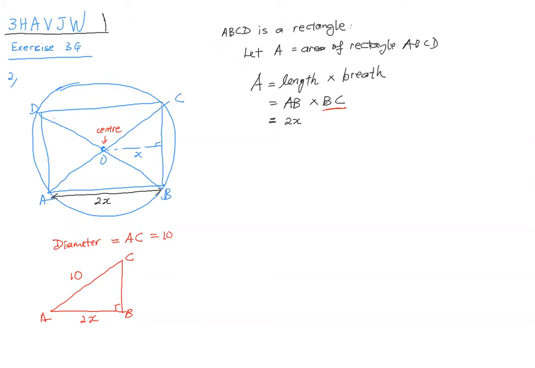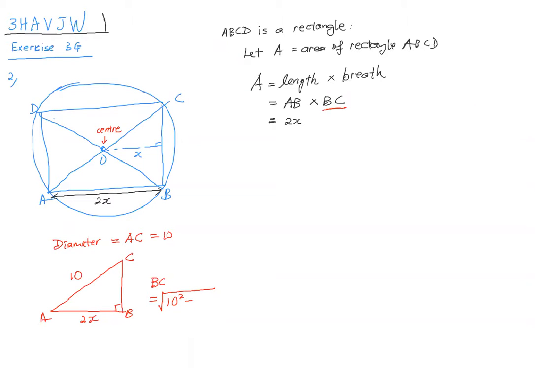Use Pythagoras. Remember, Pythagoras theorem is very important. So BC is equal to the square root of 10 squared minus 4x squared. When I remember Pythagoras theorem, I always say in a right angle triangle, two sides are shorter than the hypotenuse.